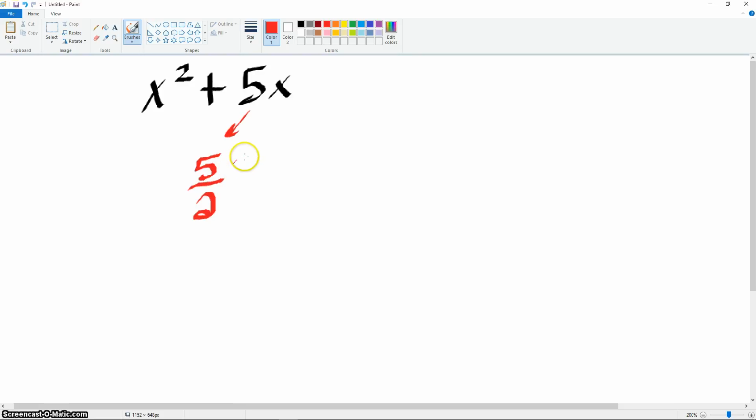I'm going to star that because I'm going to need that later on. And then I'm going to take that 5/2 and square it. So I square both top and bottom. 5 squared is 25 and 2 squared is 4.